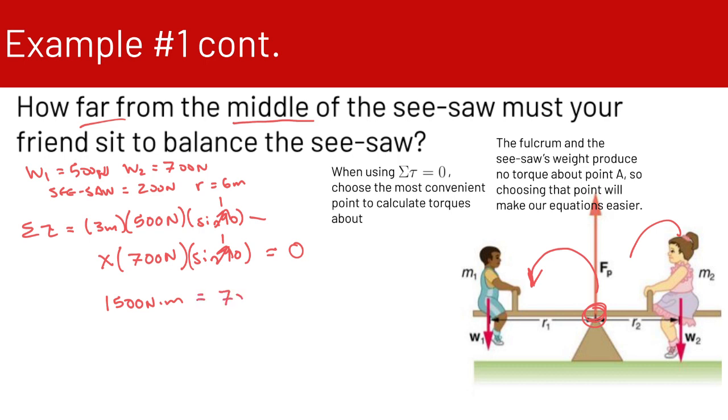So we have 700 newtons times X. Divide 1500 newton meters by 700 newtons, and that gives us a distance from the pivot point to the little girl of 2.1 meters from the pivot point. So this distance here, from here to here, F2 it says, is 2.1 meters.